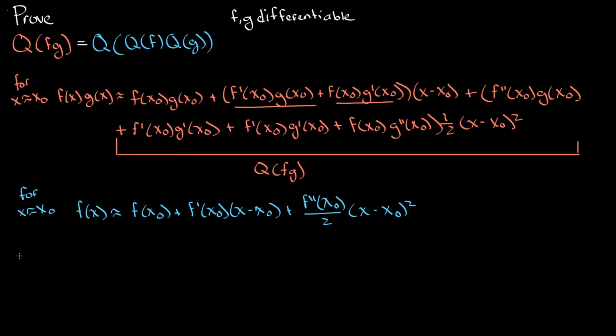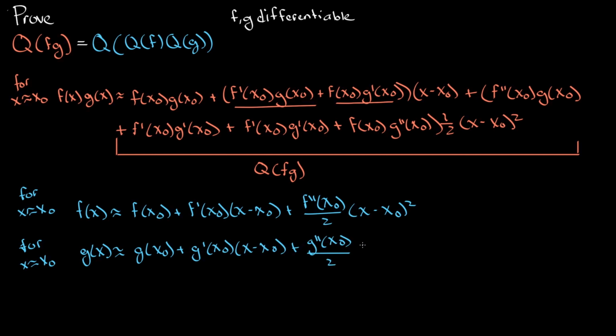And now we're going to do the same thing for g. So for x near some x naught, now we have g of x. It's going to be approximately g of x naught plus g prime of x naught times x minus x naught plus g double prime of x naught over 2 times x minus x naught squared.